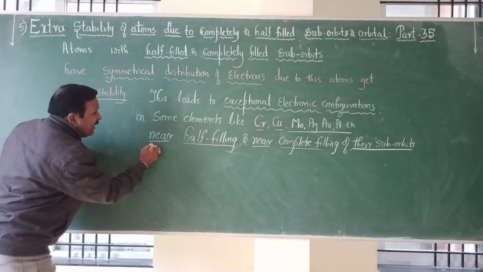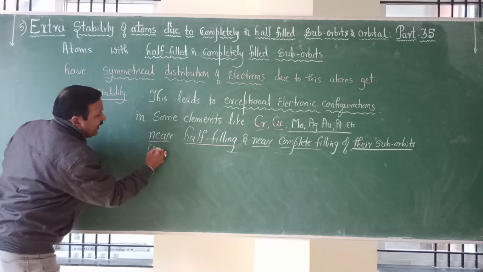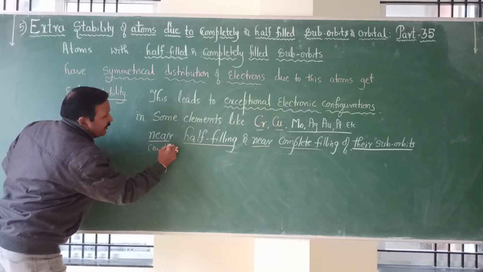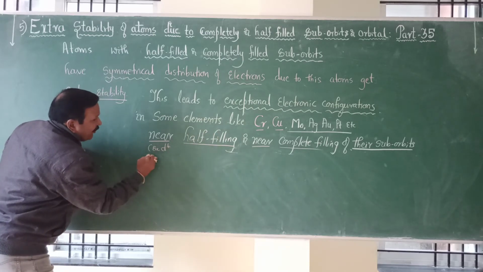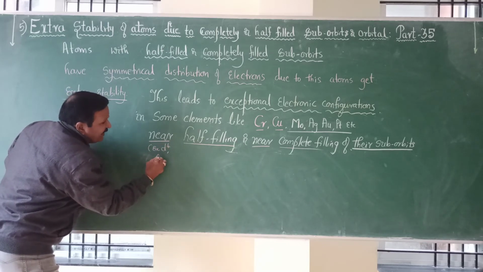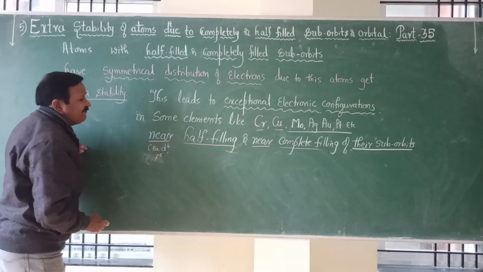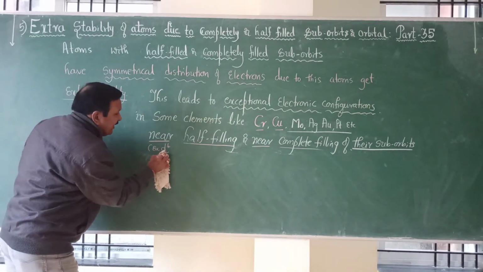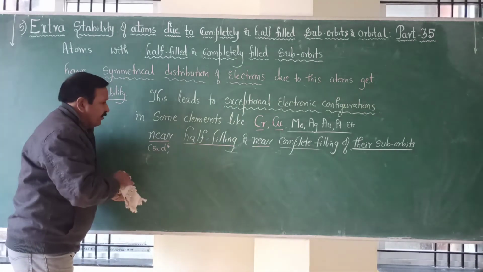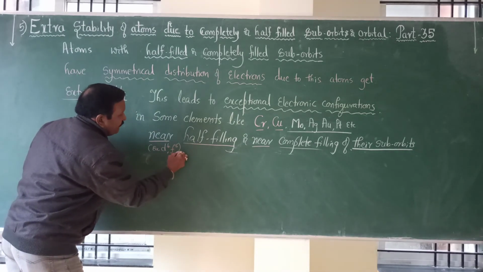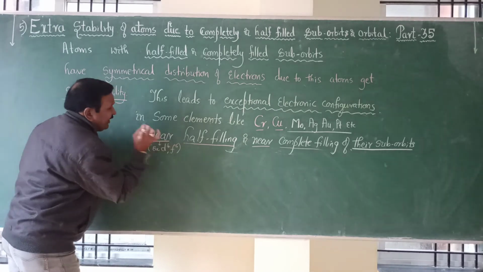Hence remember, near means, for example, d4 is near half filling, and another example is f6, because f7 will be the half filling. So near means d4, f6. These are examples for near.